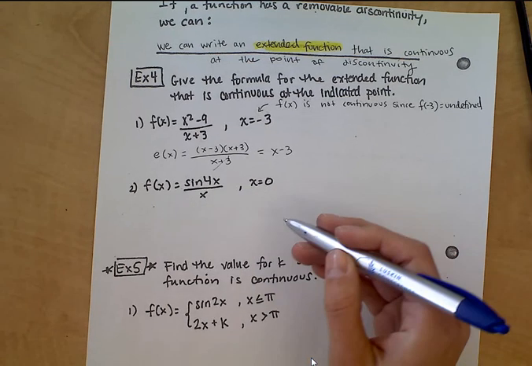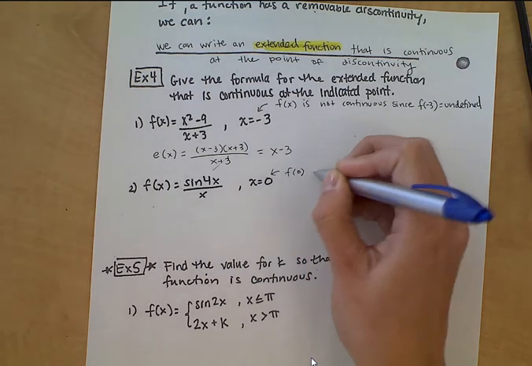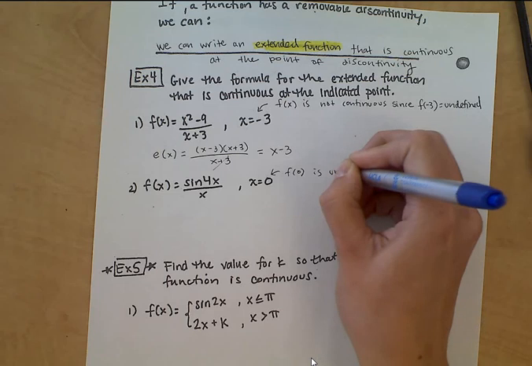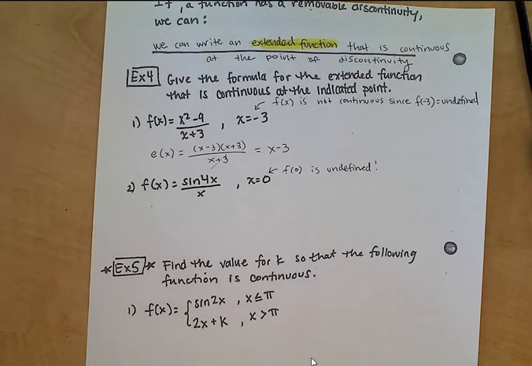So again, f of 0 is undefined. But we can change it using those tools that we have to write an extended formula that is continuous. Okay? So this is where we're actually going to write a piecewise function.